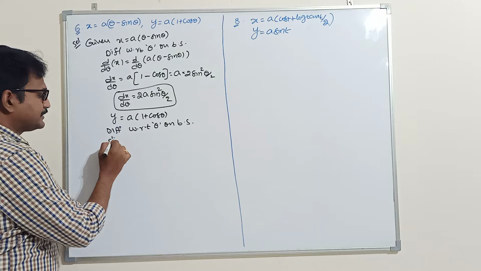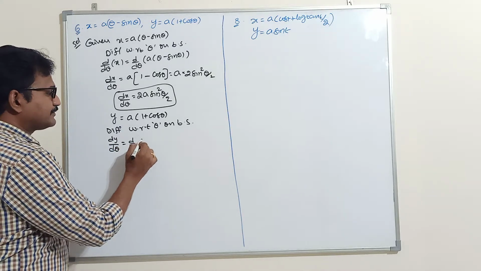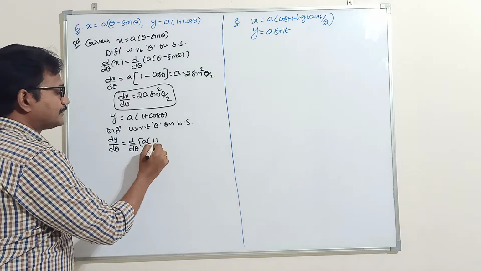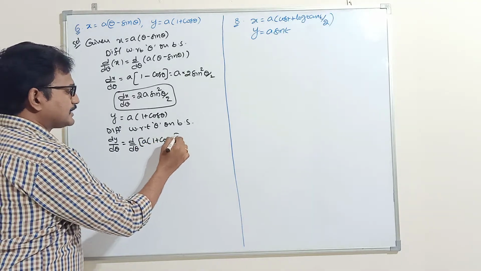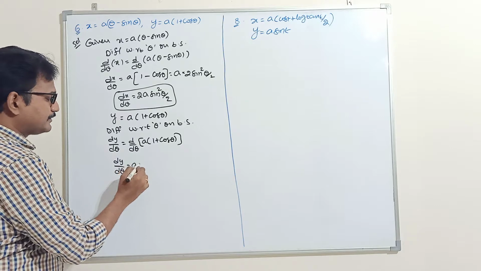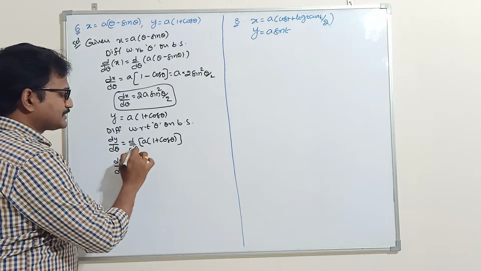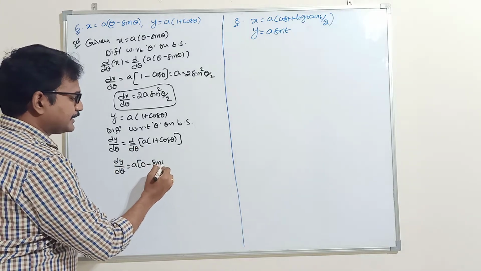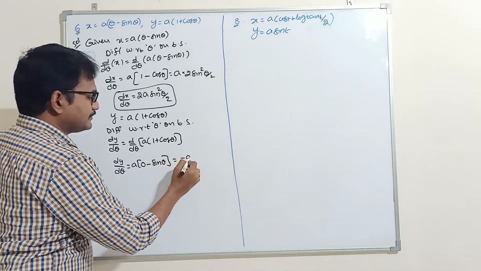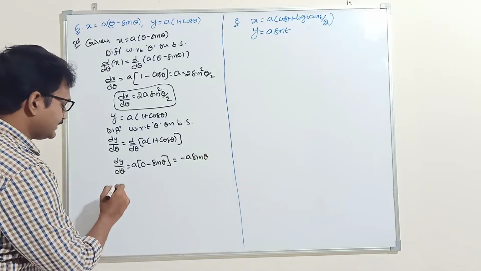So that's why, differentiating with respect to theta on both sides, d by d theta of a into 1 plus cos theta. So dy by d theta is equal to a into the derivative of 1, which is 0, plus the derivative of cos theta, which is minus sin theta. So minus a sin theta. This is dy by d theta.